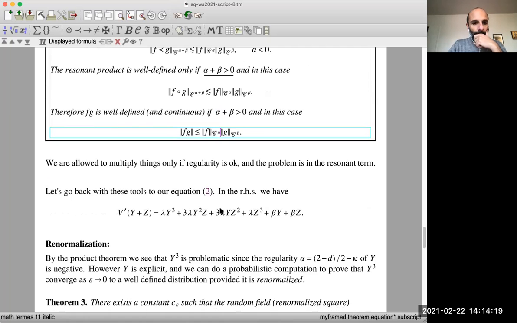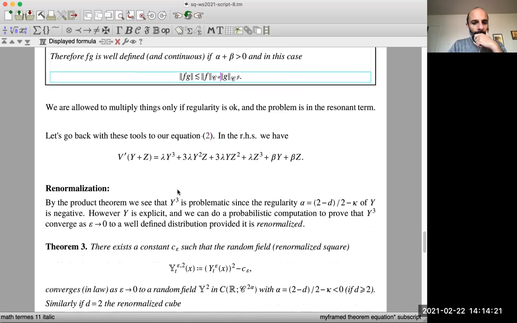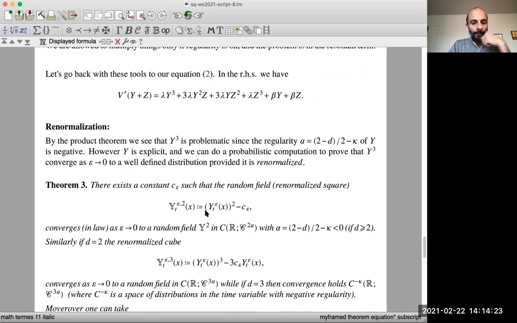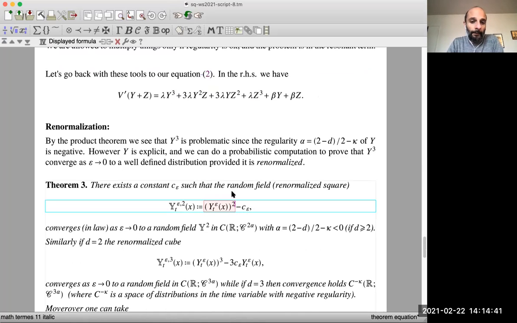Then we started to renormalize, and we saw that when you take powers of the Y's, which are the irregular, random objects that enter into your equation, then you have to renormalize. The idea is that Y squared has no chance to exist because it's the square of something which I already told you is very big if you look at it at a given point.